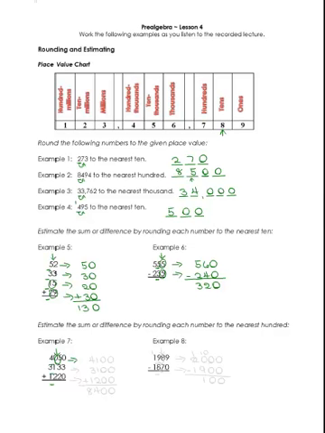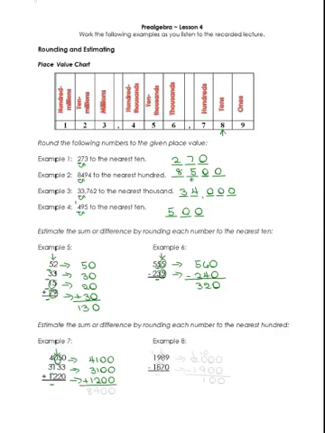It would change 4,050 to 4,100. I'm going to change 3,133 to 3,100 because I didn't have to add to the digit I was rounding to. And 1,220 would round to 1,200.